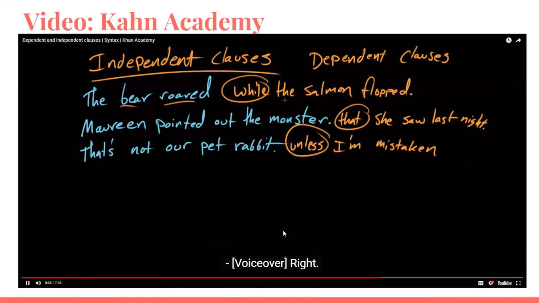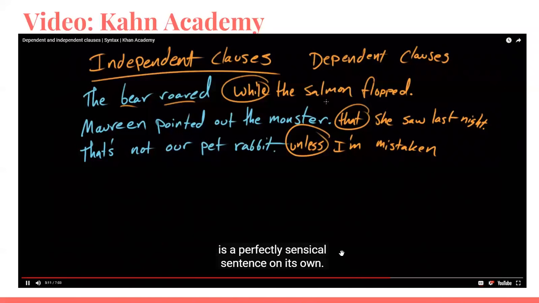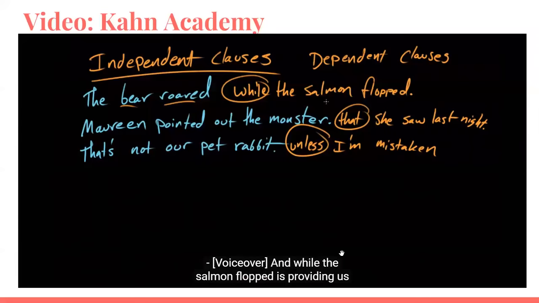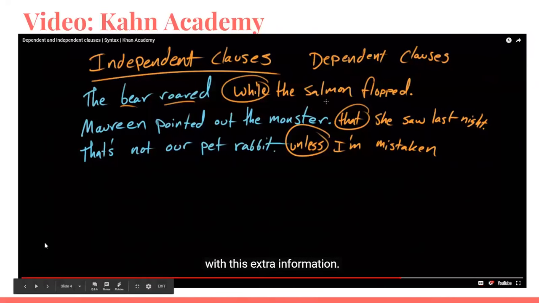But we need to know what else is going on for there to be a while. So the bear roared is a perfectly sensical sentence on its own. And while the salmon flopped is providing us with this extra information, the bear is roaring while the salmon flopped.